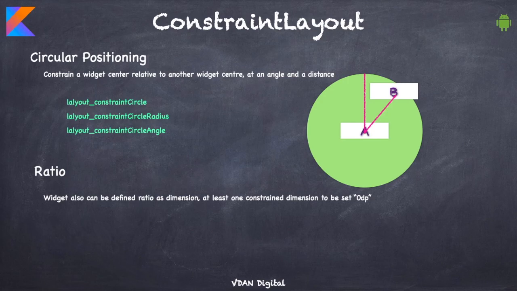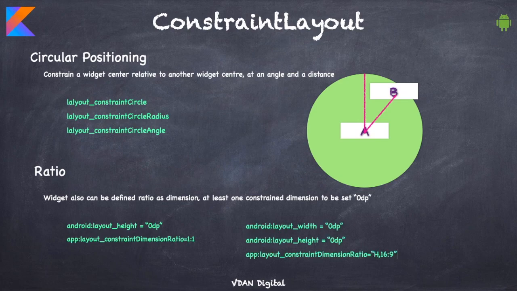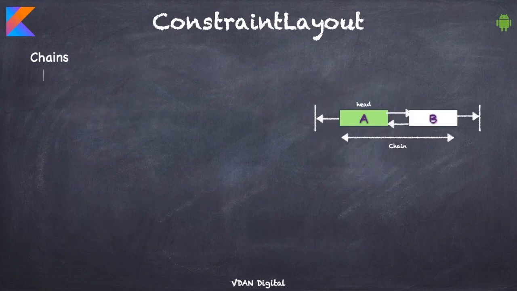In the below example, we can see layout height is set to 0 dp and constraint dimension ratio is set to 1:1. Another example, layout width and height is set to 0 dp, but constraint dimension ratio is set to horizontal 16:5.